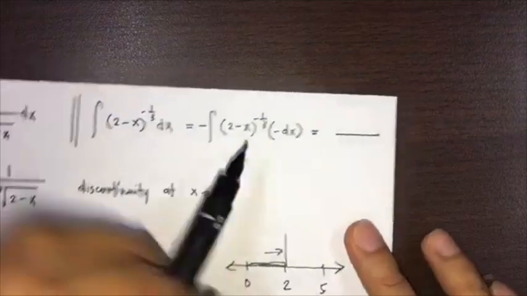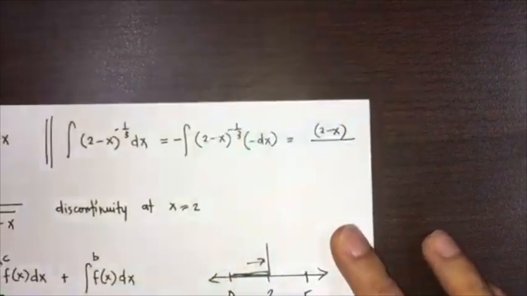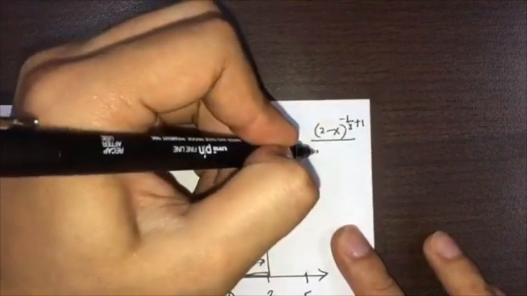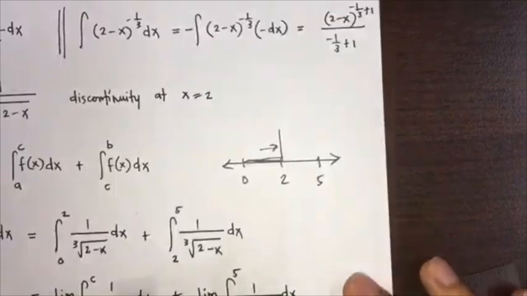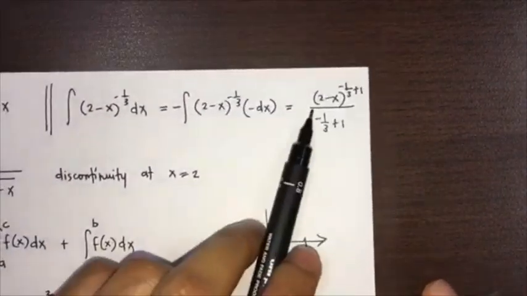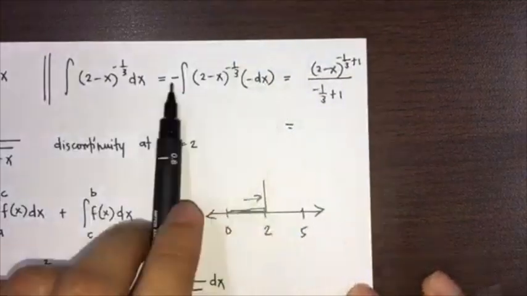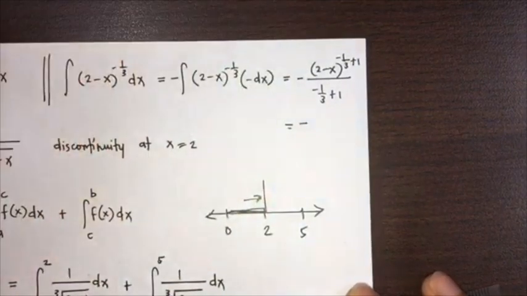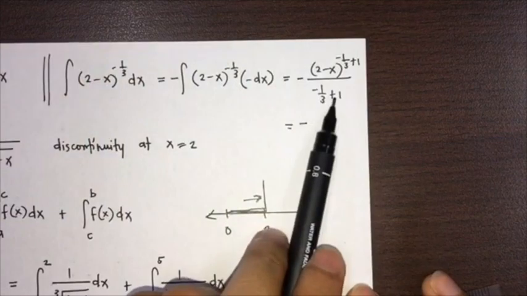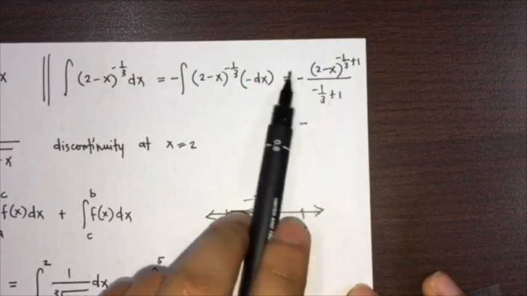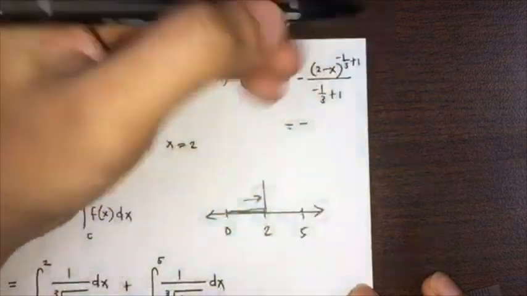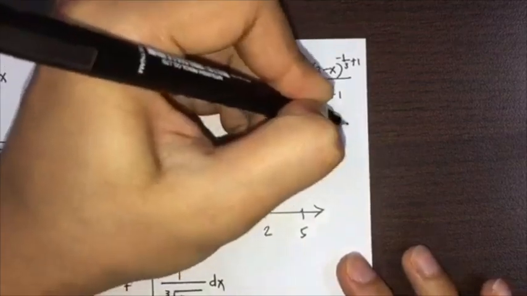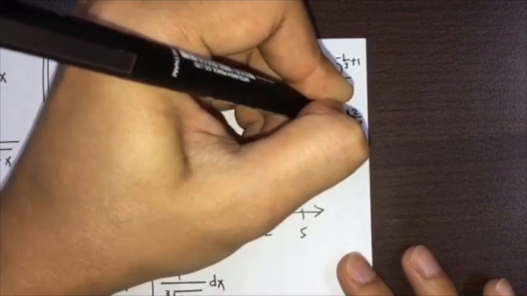This will become 2 minus x raised to negative 1/3 plus 1, over negative 1/3 plus 1, so that becomes 2/3. Sorry, we have a negative here, so this is positive 2/3, and with the negative, its reciprocal is negative 3/2. So negative 3/2 times 2 minus x raised to 2/3.